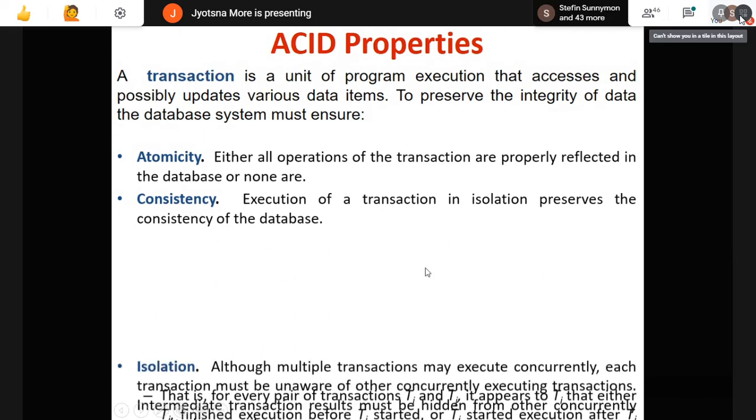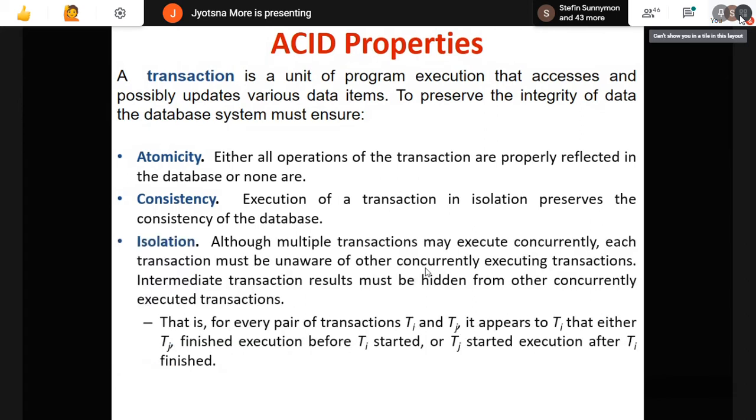Third one, isolation. Isolation is like, see, although multiple transactions may execute concurrently, now here it is possible that a number of transactions are executing simultaneously. Each transaction must be unaware of other concurrently executing transactions.